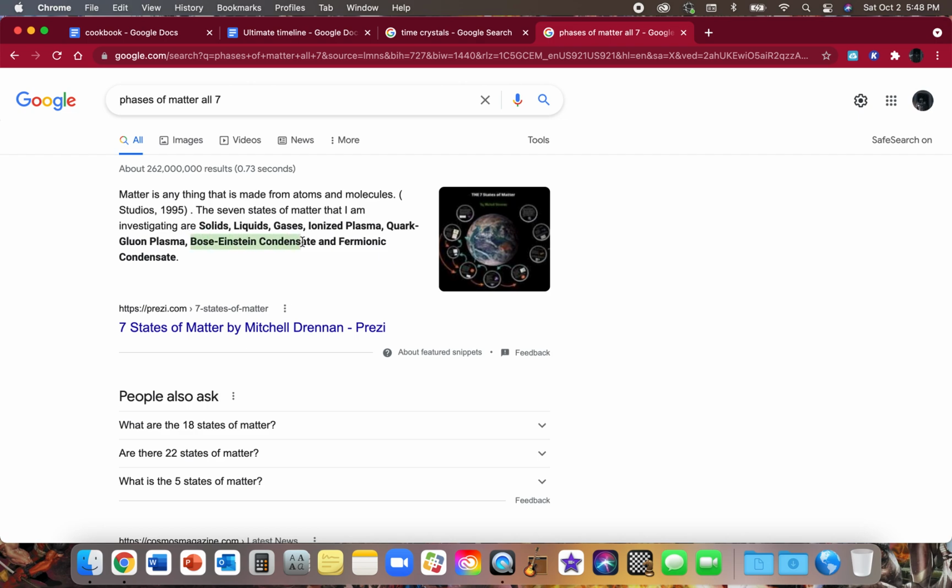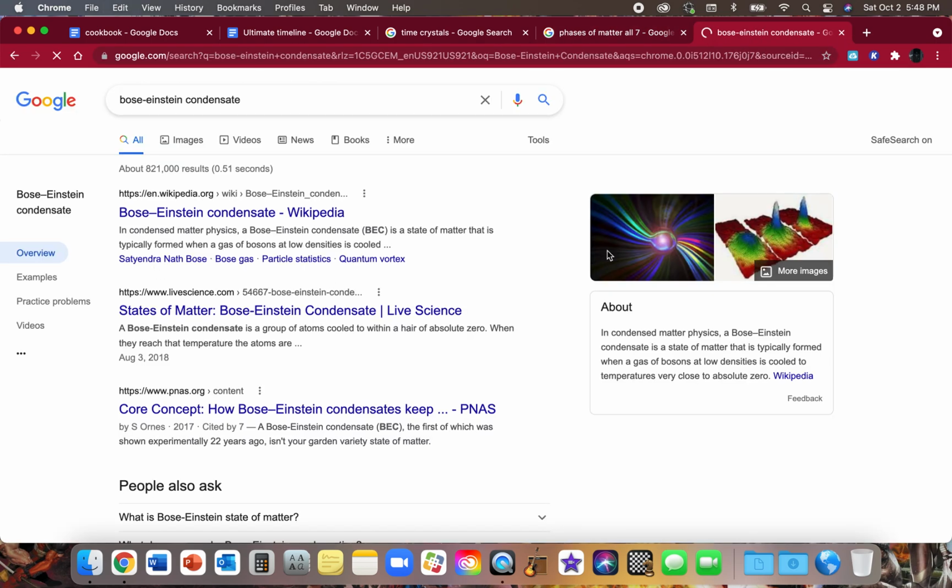Bose-Einstein condensate. Not even I know what that is. I'm pretty decently smart, but not even I know all this stuff. This is a condensed matter physics state. It is typically formed when a gas of bosons at low density is cooled. So this is a very, very cold thing.